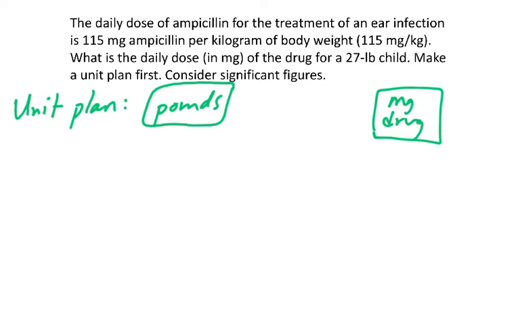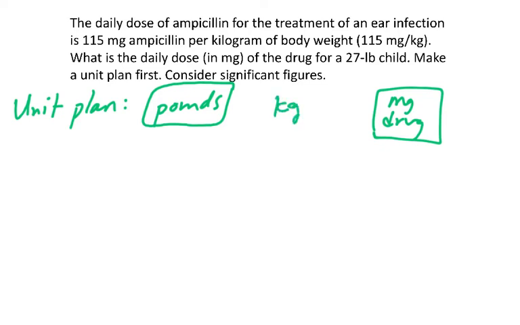And so is it just directly we have a conversion between these two? We do not directly have a conversion between these two. But if we look at the dosage, we can use kilograms as an intermediate, a single step conversion to kilograms and then to drugs.